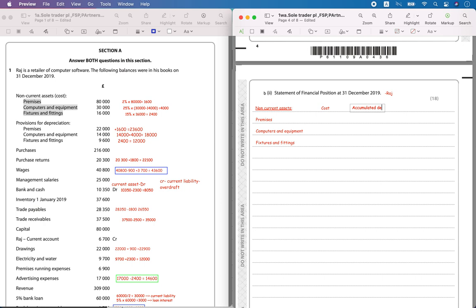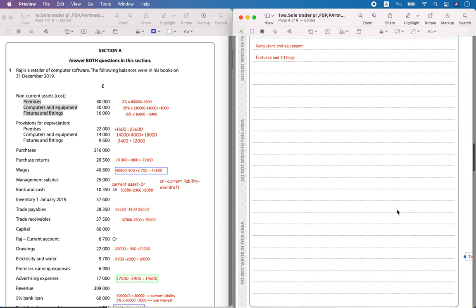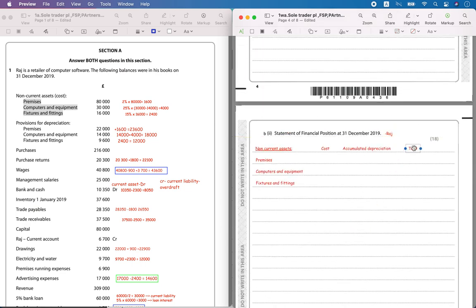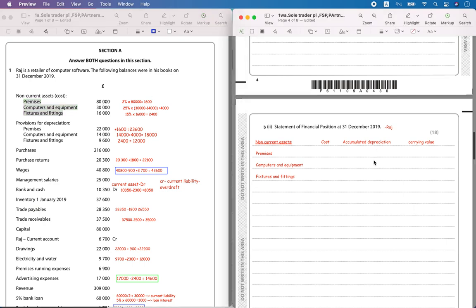Then we have to put even the accumulated depreciation. And the third column I'm going to prepare is carrying value of all these non-current assets, which is nothing but cost minus accumulated depreciation.